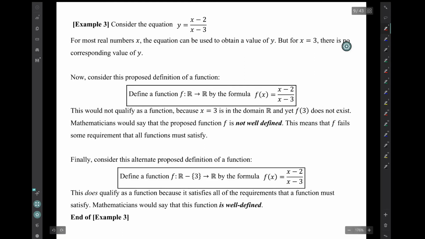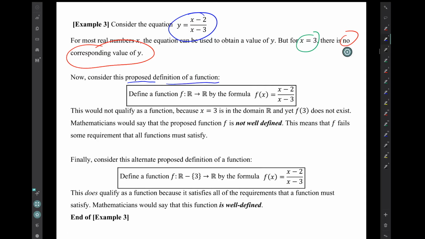Example 3. Consider this equation, y equals x minus 2 over x minus 3. For most real numbers, that equation can be used to obtain a value of y. But for x equals 3, there is no corresponding value of y. Now, consider this proposed definition of a function. We would like to define a function, little f, from the real numbers to the real numbers, using that formula.